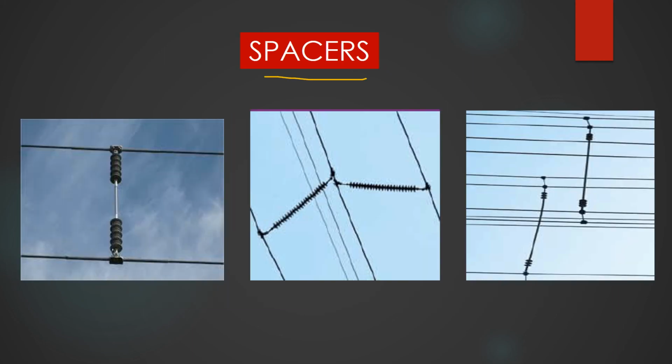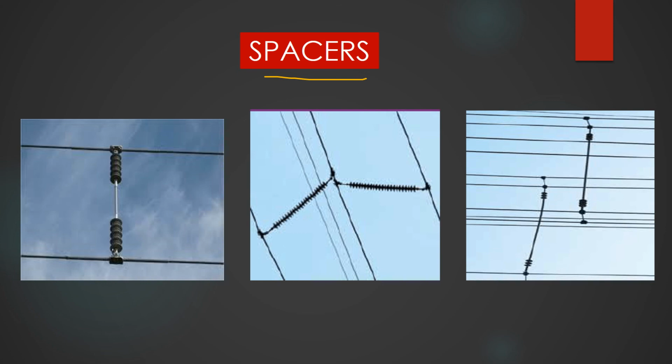Spacers. Just like dampers, spacers are used to maintain a particular distance between two conductors, and not only two conductors but many more conductors too. These are generally preferred in a bundle line conductor so that a particular distance is maintained between all the conductors.